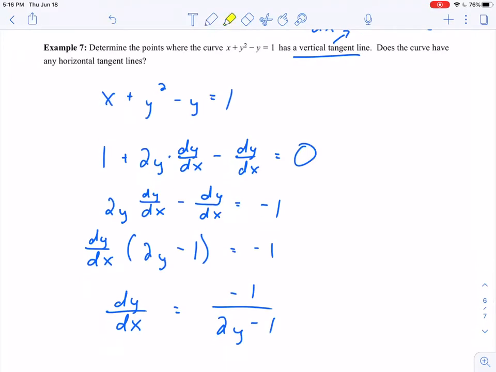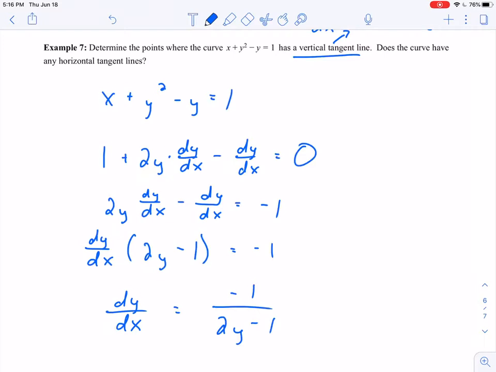So think about this. Where does this relation that I found right here not exist? I see this fraction on the right hand side. I'm worried about the denominator, because if I divide by 0, that's undefined. That does not exist. So I'm worried about values that would make my denominator equal to 0.